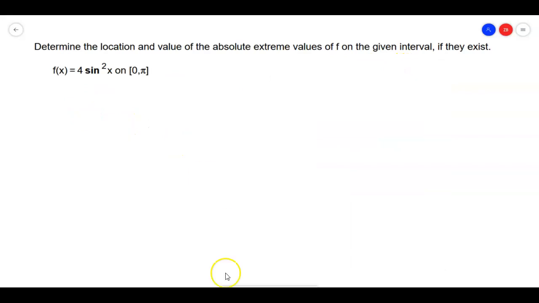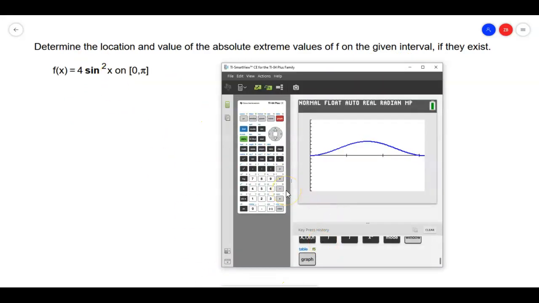All right, so how do we figure out where those are? Well, if we find the first derivative of this function, that gives us the equation for the slope of the tangent line.